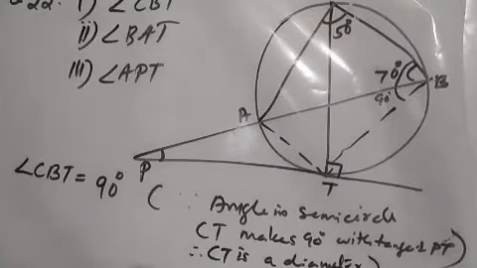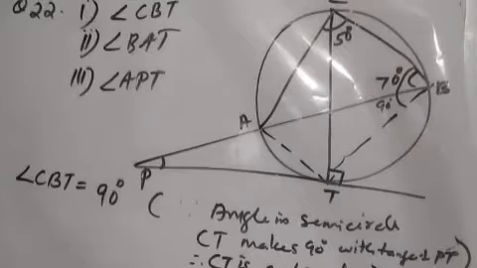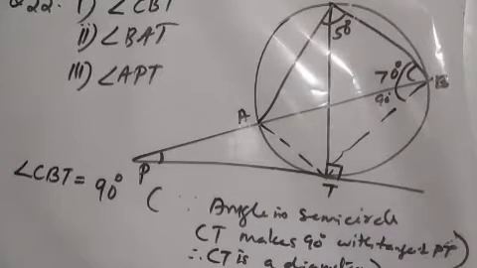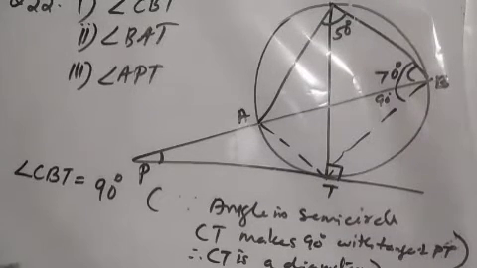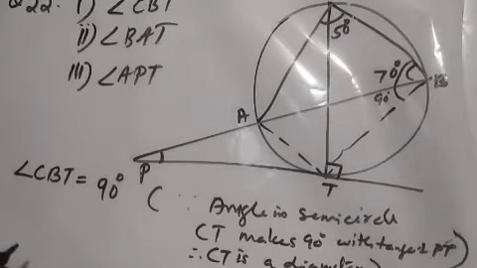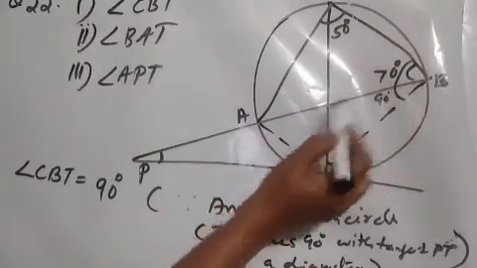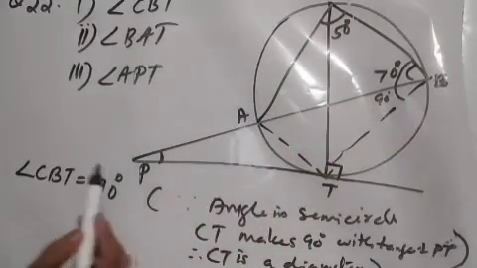Angle between radius and tangent is always 90 degree. So what is CT here? Yes, it is the diameter clearly. So we can write angle CBT is 90 degree, angle in a semicircle. First one we got. And also we know that this portion CBA is 70 degree given in the question.